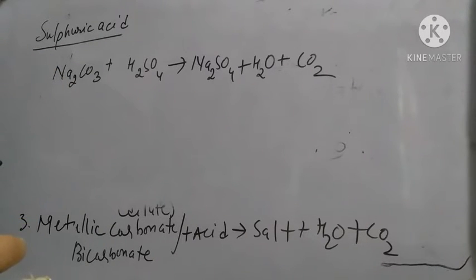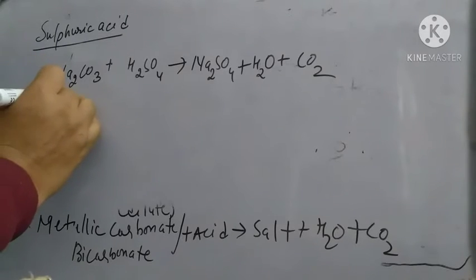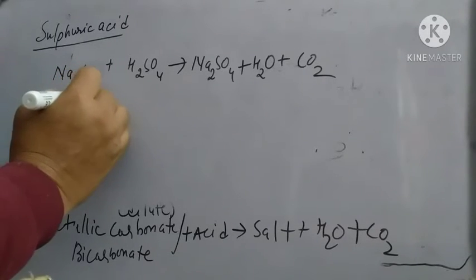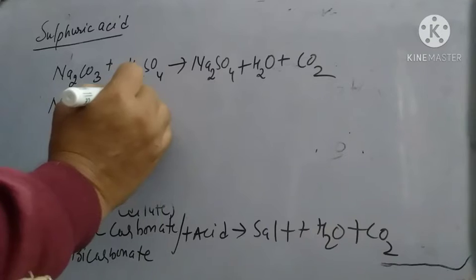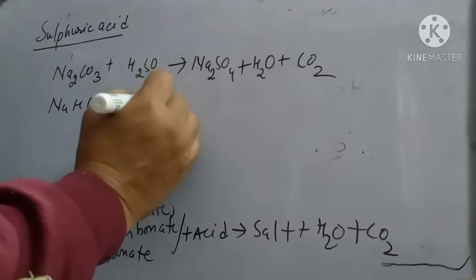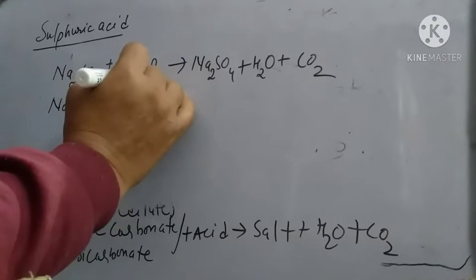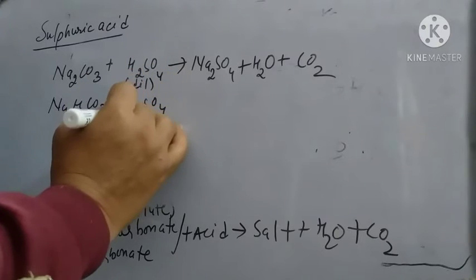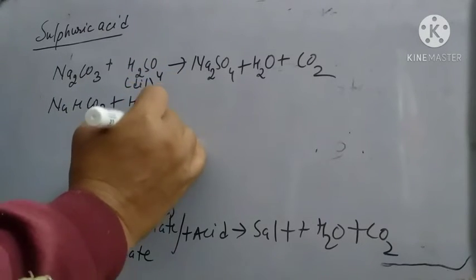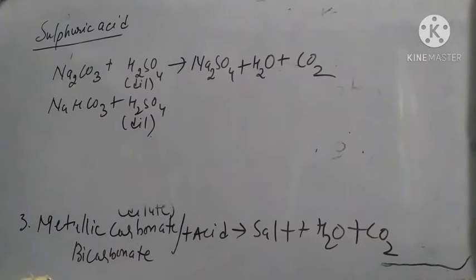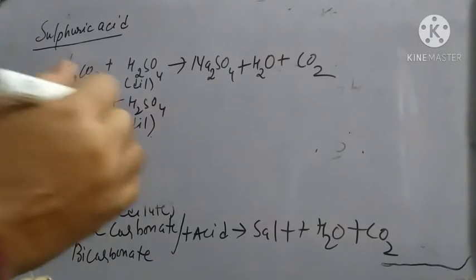Now after that, metallic bicarbonate. If we take sodium bicarbonate plus sulfuric acid, we have to mention whether it is dilute or concentrated, and here we are doing all the reactions taking the example of dilute sulfuric acid.